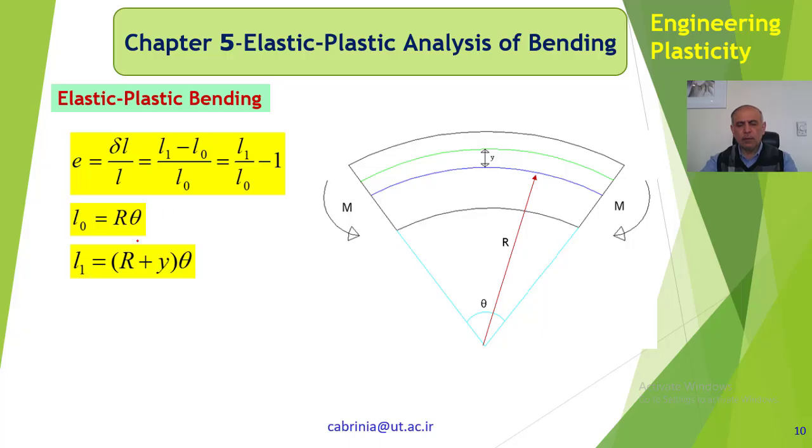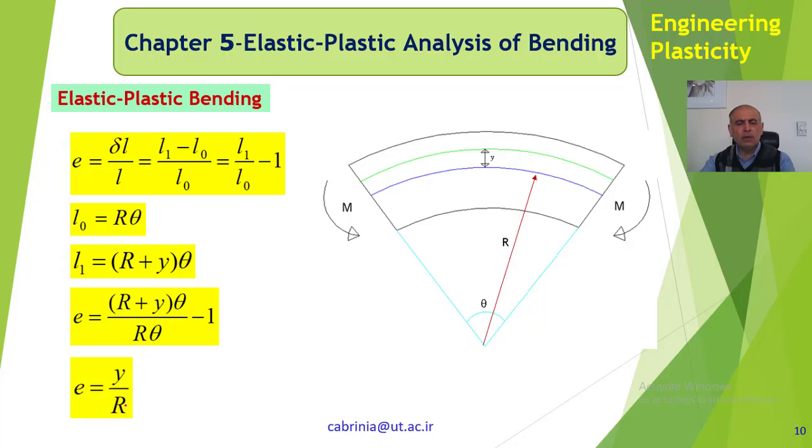So L1 is the length of that arc, and (r plus y) times theta becomes equal to L1. That's the difference here. So we can use these relationships here: (r plus y) times theta divided by r theta, minus 1, and if we simplify that, we get the elastic strain is equal to y over r. So you can see here that as we move away from the neutral axis, this y becomes greater and the strain becomes greater. So when we reach the top, we get the maximum strain, which is correct.